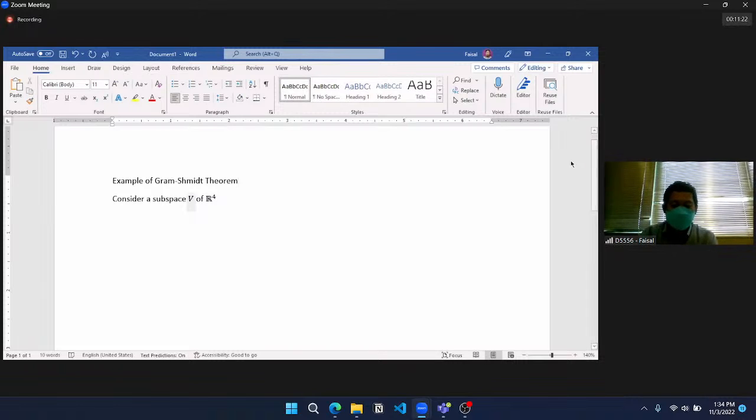The subspace has a basis with three vectors.